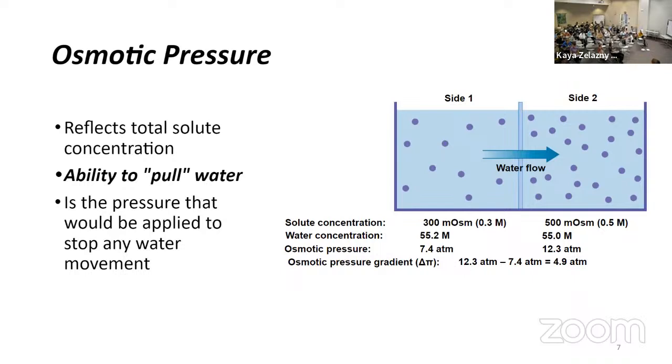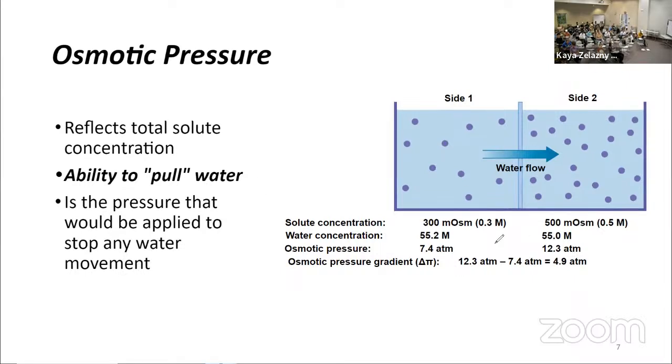So it's the amount of pressure you need to apply to stop water from moving. This is pretty much the same as our previous situation. We're just expressing it slightly differently, right? So in our typical setup, this is actually still that example from the very first slide.